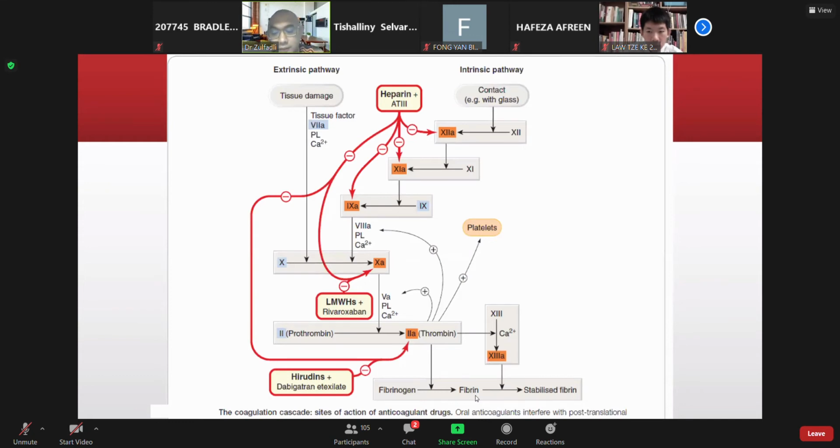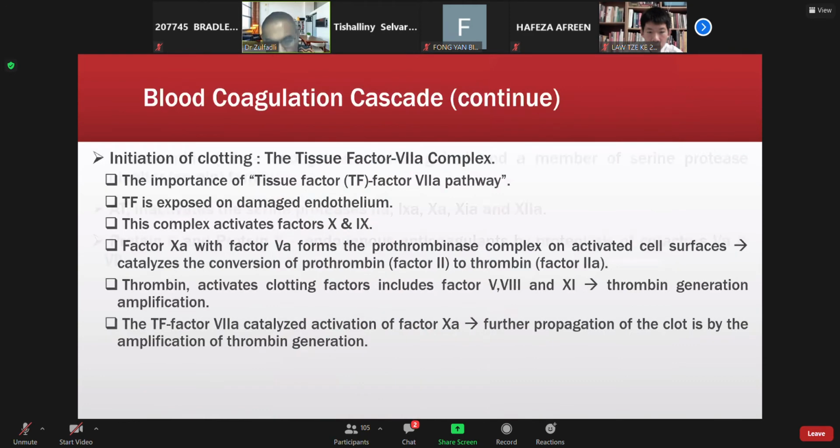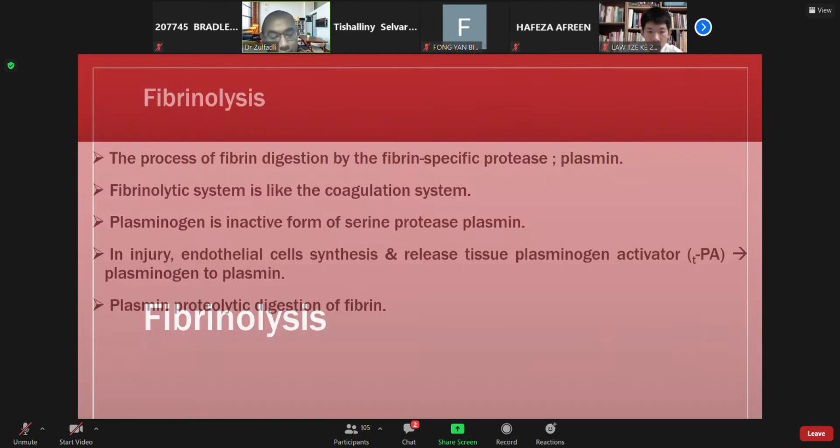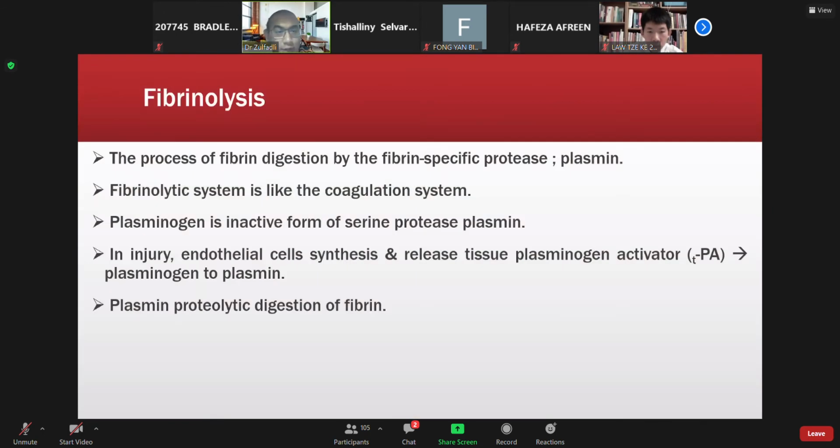In a patient at risk of having a blood clot, we can help to remove or reduce the blood clotting by lysing the fibrin. So that's why they call it fibrinolysis.